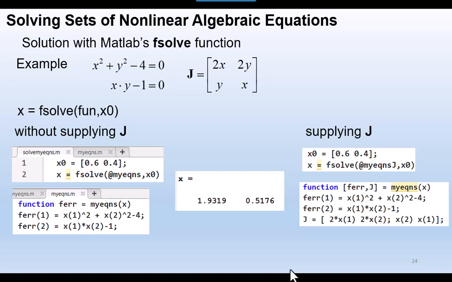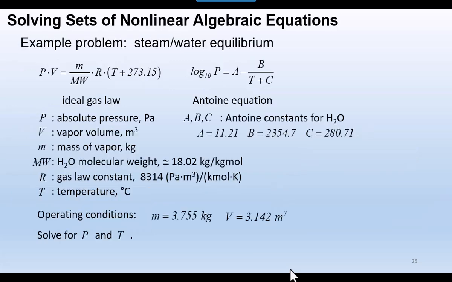So let's move on to the last example that we're going to handle here, and it is a calculation of equilibrium for a steam boiler, or steam water equilibrium.